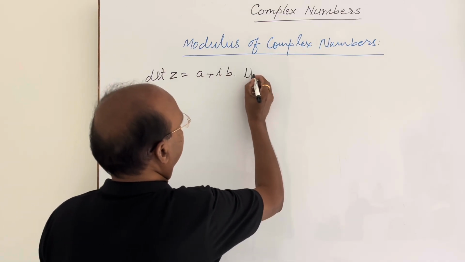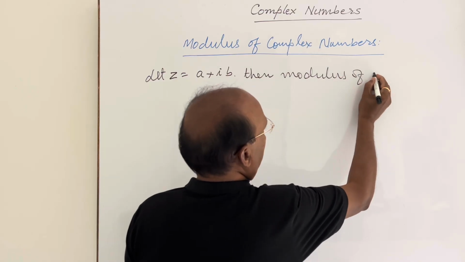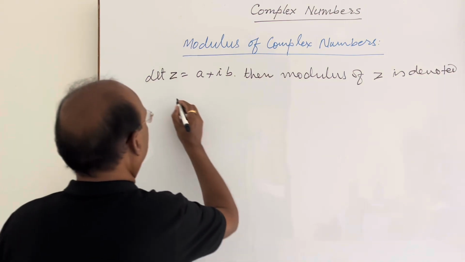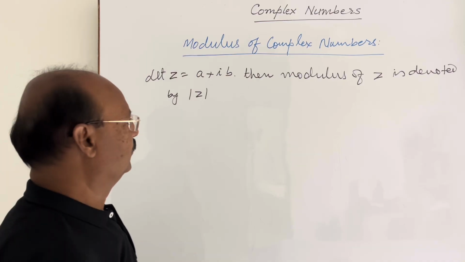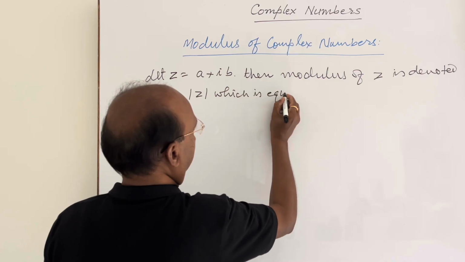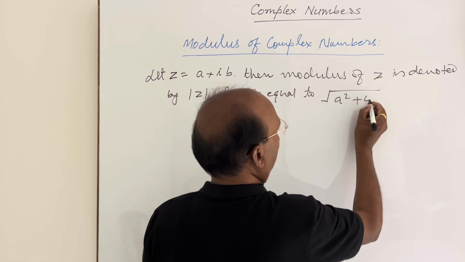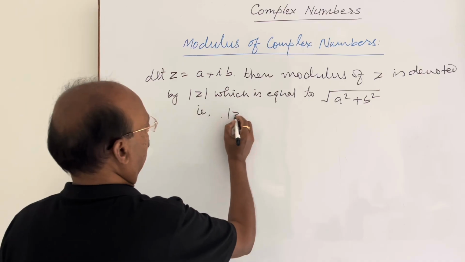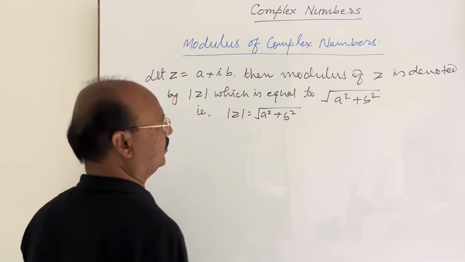Then modulus of Z is denoted by this notation mod of Z, which is equal to root over a square plus b square. That is, mod of Z is equal to root over a square plus b square.